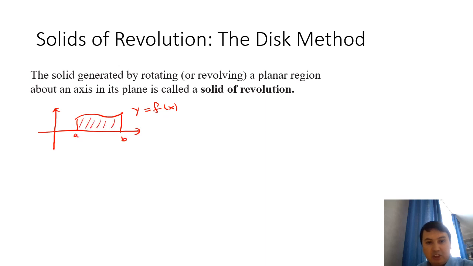So this is your region, and then what you do is you revolve it along the x-axis, and you obtain a solid, something like this, with some revolutions. So a region revolved.